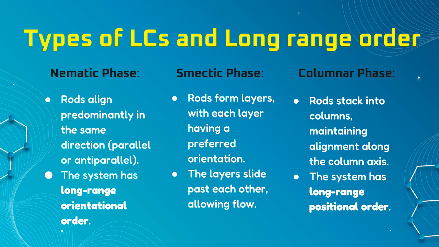Coming to the smectic phase, the rods form layers with each layer having a preferred orientation. The layers slide past each other, allowing flow. In columnar phase, the rods stack into columns, maintaining the alignment along the column axis. This system has long range positional order.